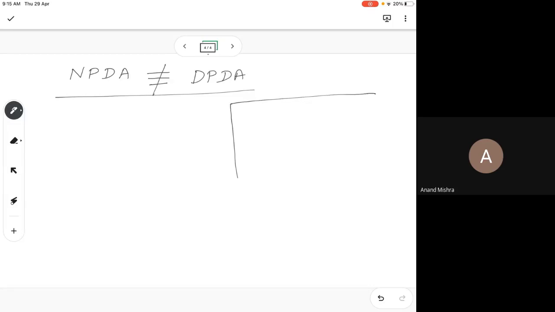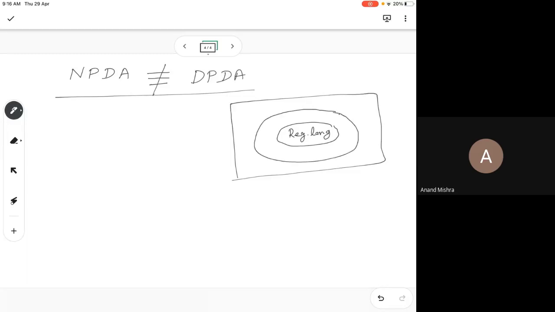And in terms of language, if you remember, the regular language is the simplest one, right? And then there is the context-free language, CFL, which is recognized by PDA or NPDA.